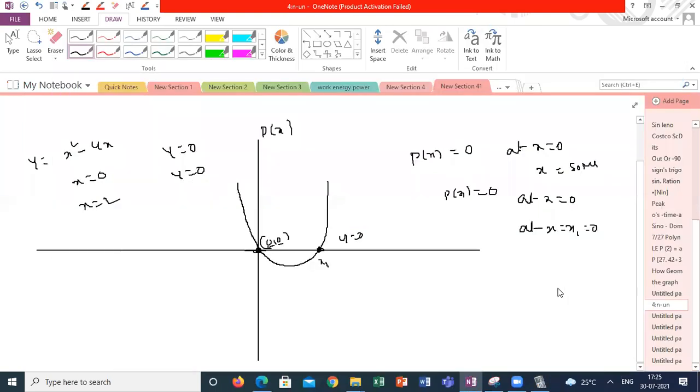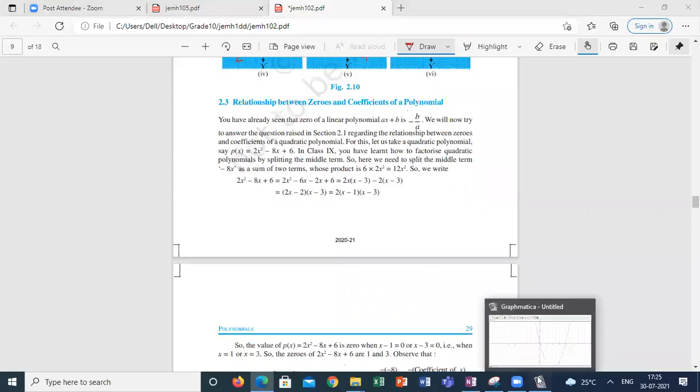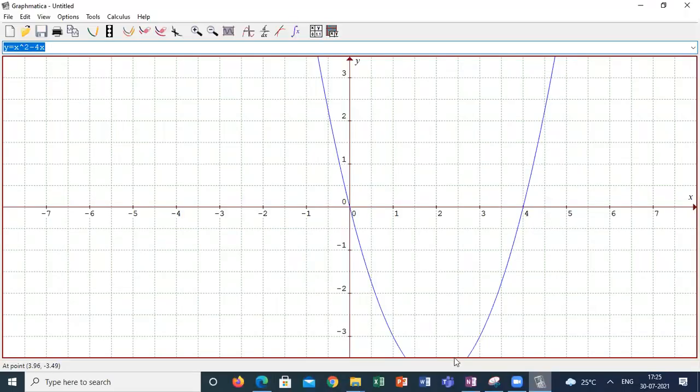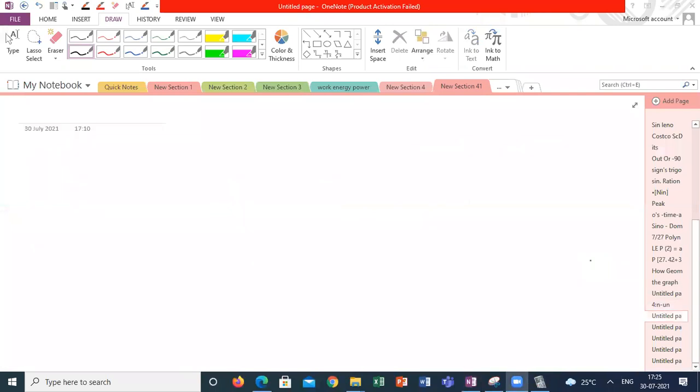Next one. What are the coefficients of a polynomial? What is meant by coefficients? Who is going to explain from grade 7 and 8? Anyone? What is meant by coefficients of a polynomial? Suppose I am giving polynomials, 3 different ones: P of x equals ax plus b.